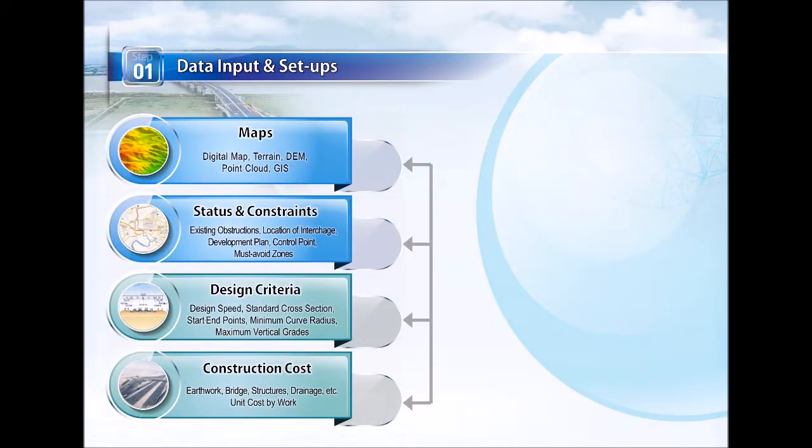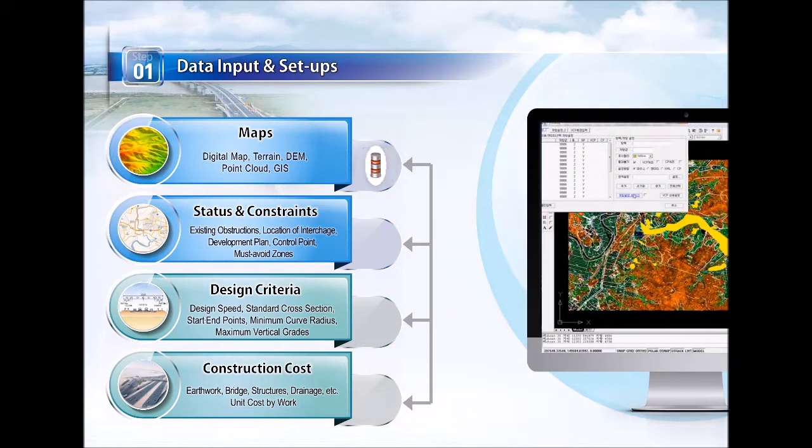Data input includes contours with height values from survey, digital topographic maps, terrain, DEM, or digital elevation model, the basic conditions such as roads, rivers, and villages, any planned roads or railways, important transit points, control points, must-avoid zones, and so forth.